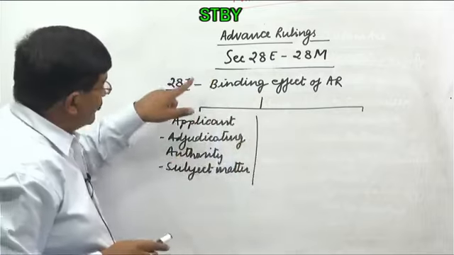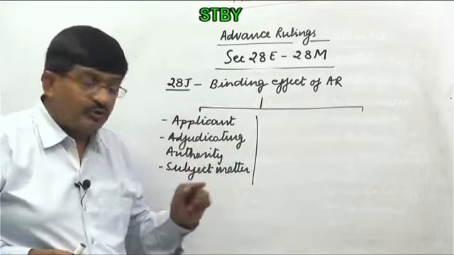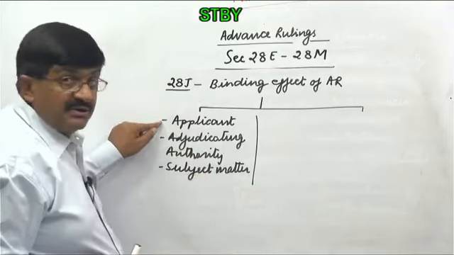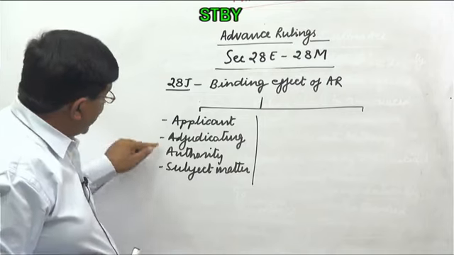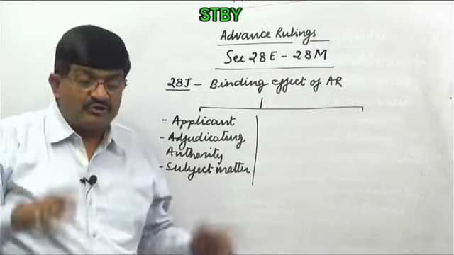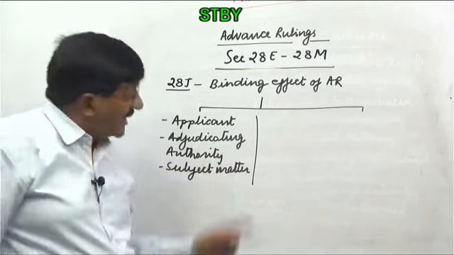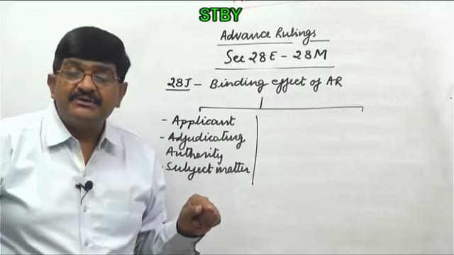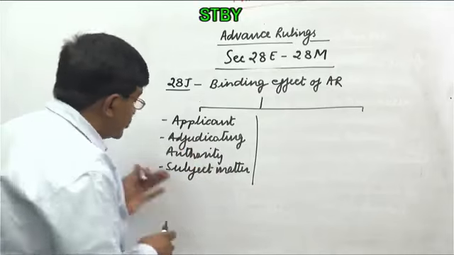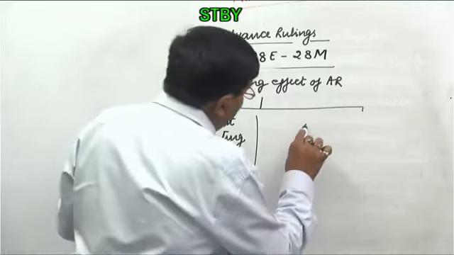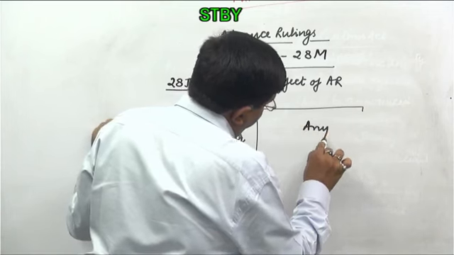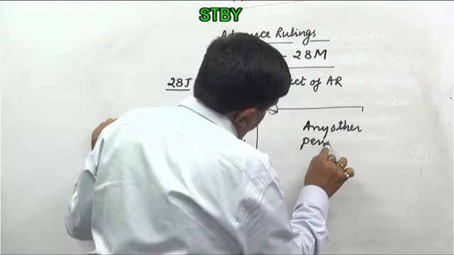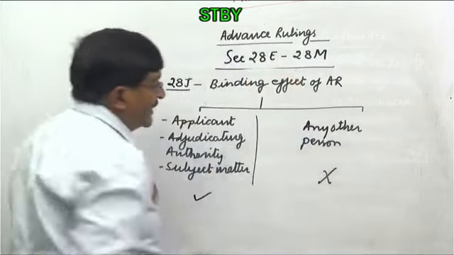So the application has been made for a specific question, so that comes here, subject matter, applicant, specific subject, and authority. The authority does not have a choice of changing the decision. Any other person, even if situation is exactly same like the applicant, no binding effect. So here we have the binding effect, any other person. No binding effect.